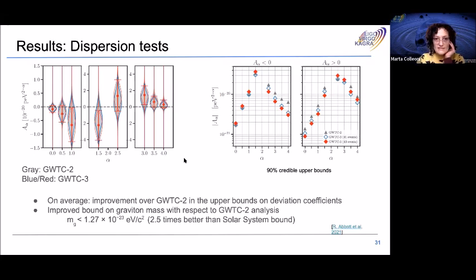We can see, especially from the plot on the right-hand side, that on average, we do improve our constraint on these deviation coefficients with respect to GWTC-2. And remarkably, we also obtain an improved bound on the graviton mass with respect to that analysis, which is also more than 2 times better than the solar system bound.